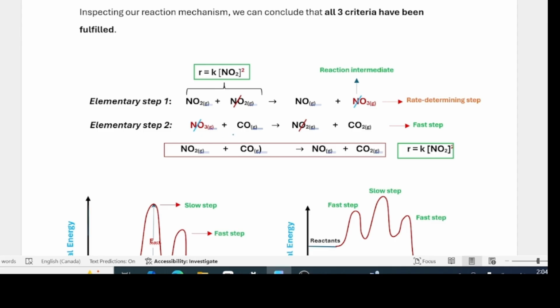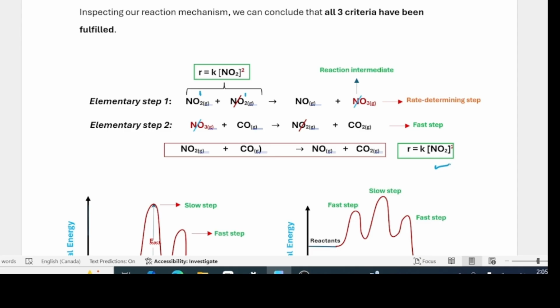First of all, we don't see any of these having more than 2 species. Number 1, if you were to take this rate determining step and have the expression for the rate law equation, since each of these, as we emphasized before, is having a rate order of 1, this will be its rate law equation, and it is the same as that for the experimentally determined rate law equation.